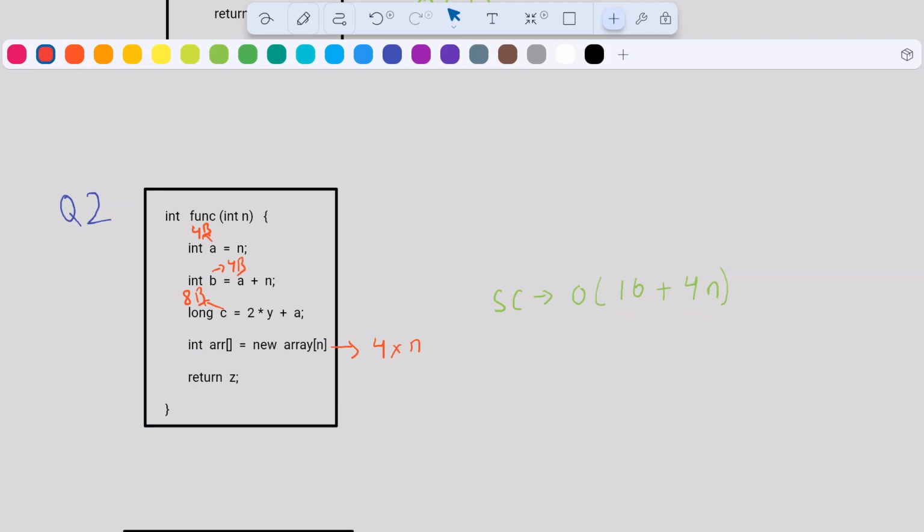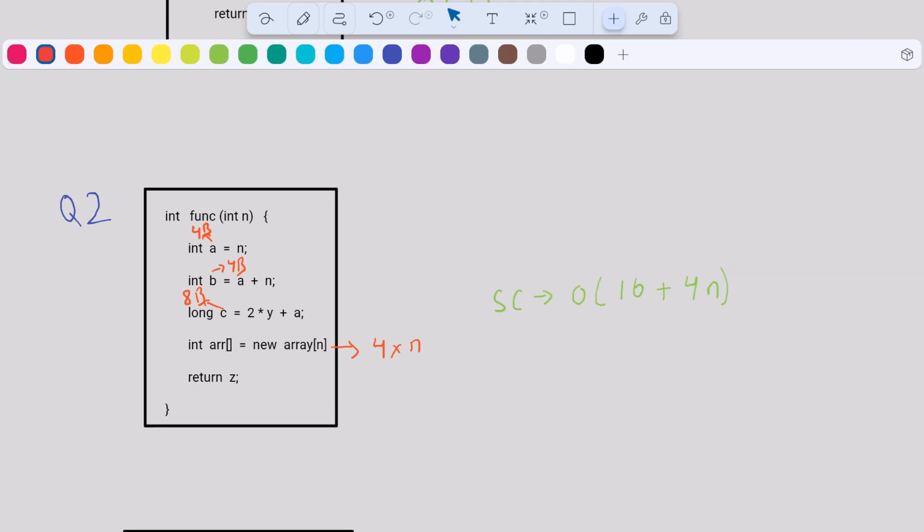So as an array is a dynamic data structure which can contain any size, it is expressed in the order of n only. Not only an array, other data structures such as lists and trees are also expressed in terms of n only, as they depend on the input size.